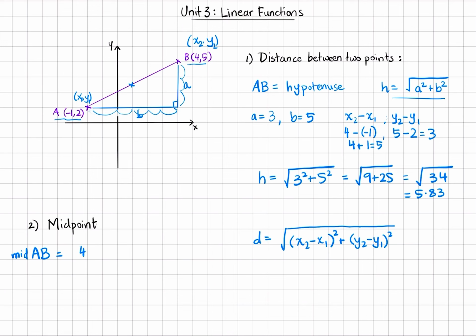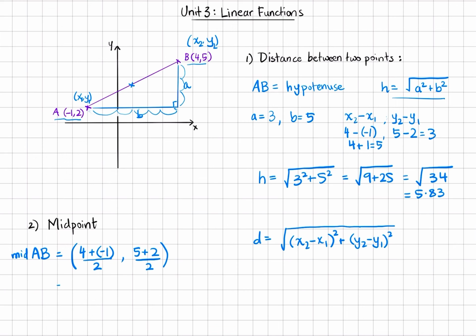So 4 plus, again, I'll just write -1 in brackets first, and then I divide their sum by 2. Okay, and I'll do the same for the y coordinates. So I'll say 5 plus 2 divided by 2. And that immediately will give me the coordinates of the midpoint. It's a much simpler thing than the distance between 2 points.